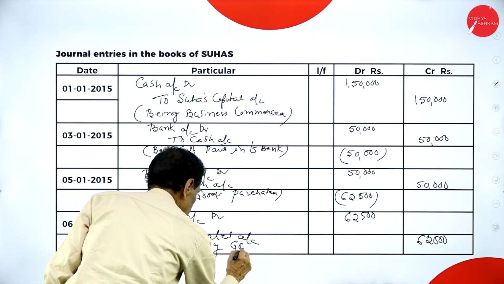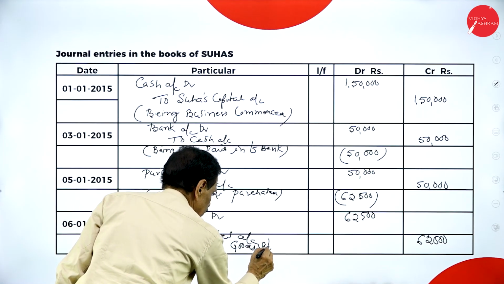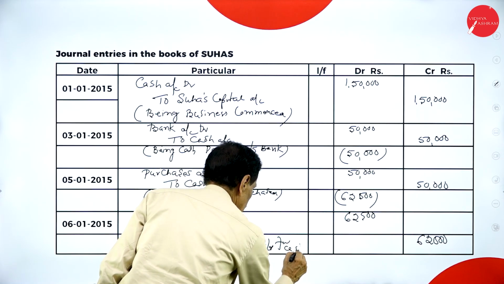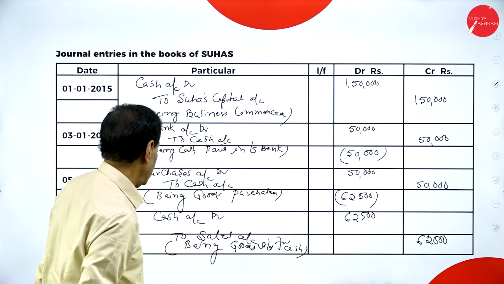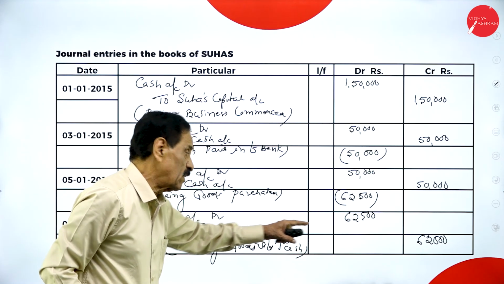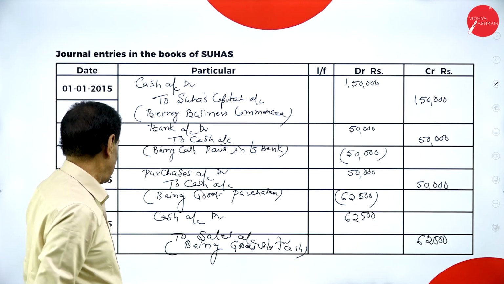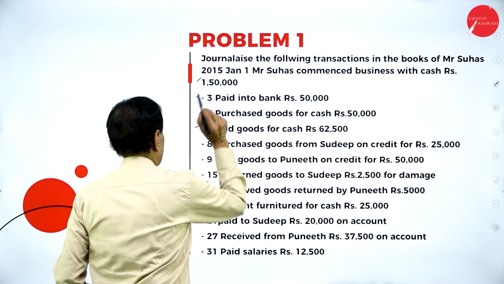Being goods sold for cash. What's the entry? Cash account debtor to sales account. Being the goods sold for cash. That is on the 6th. This is over.